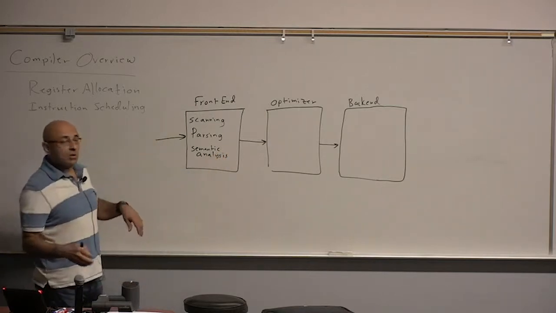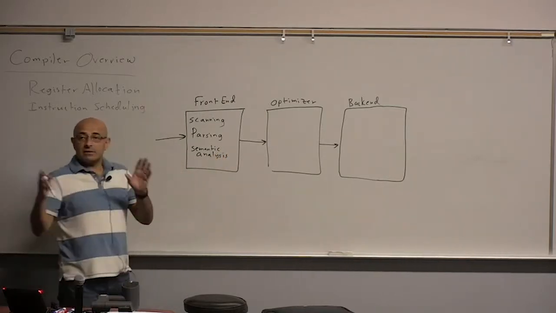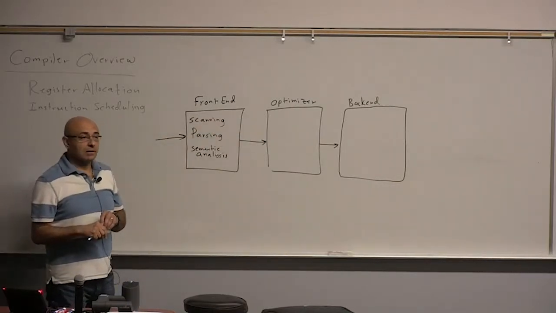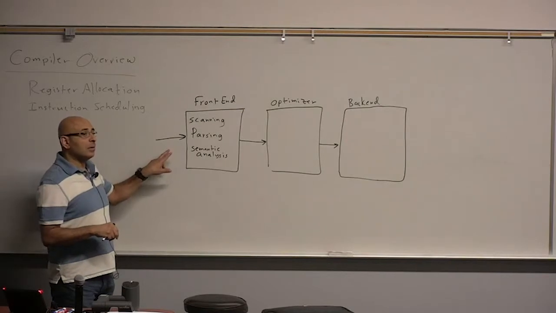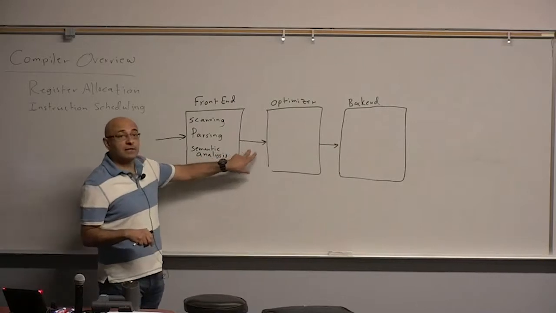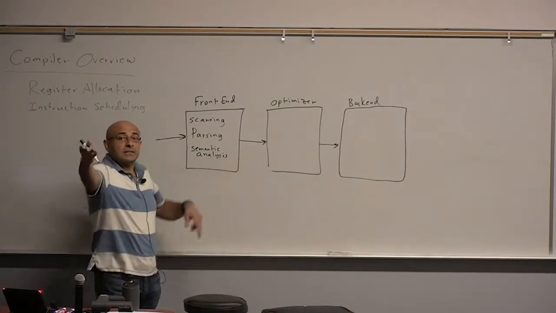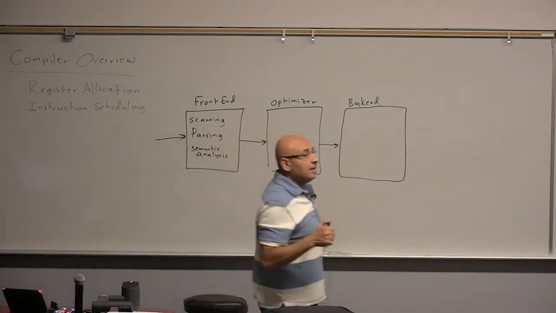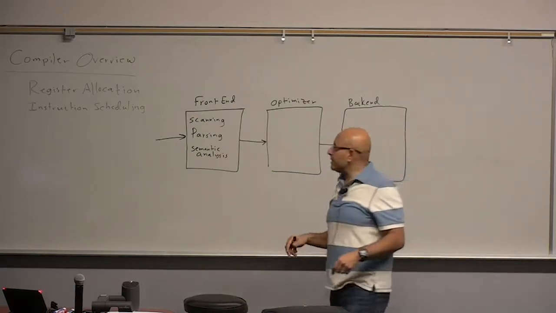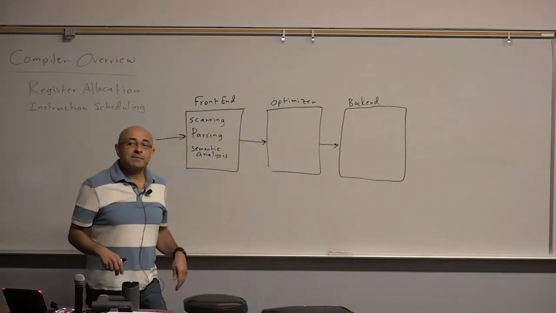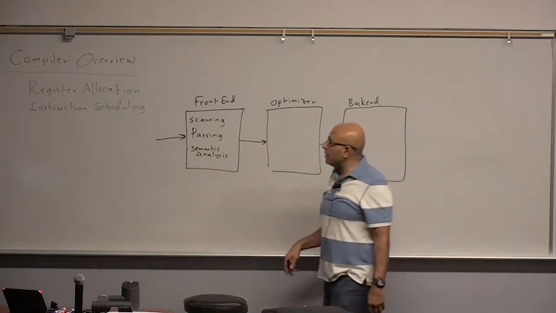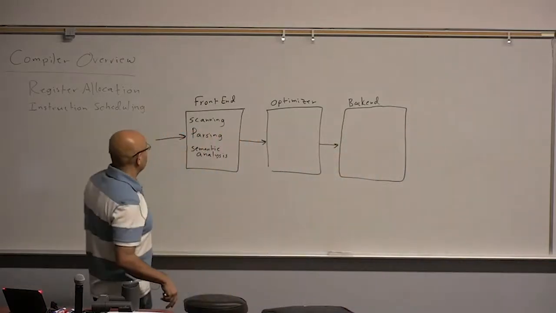So what do these all combined do? What's the input and what's the output of the front end? The input is source code. And what's the output of the front end? An abstract syntax tree. Yeah, an intermediate representation of the code, which is typically an abstract syntax tree. And the abstract syntax tree is a tree representation of the code. And we have seen an example last time.